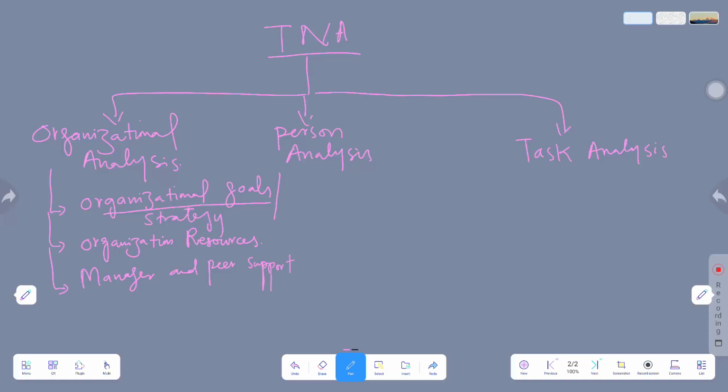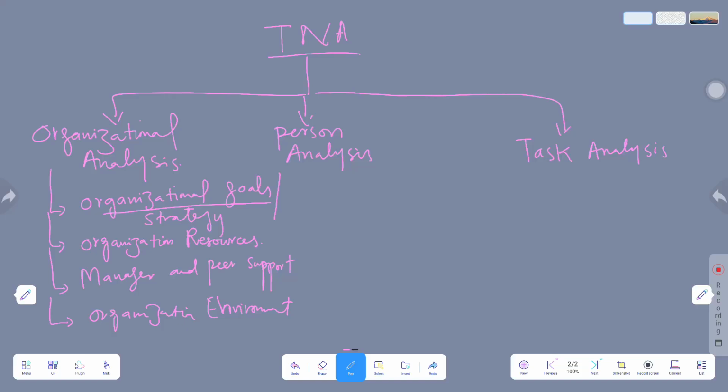And fourth one is organization environment. So there are four activities in organization analysis: organizational goals or strategy, organization resources, manager and peer support, and organization environment. We will discuss them.